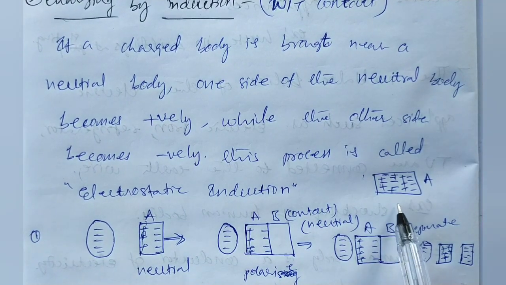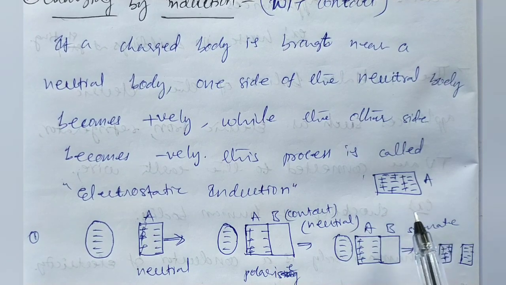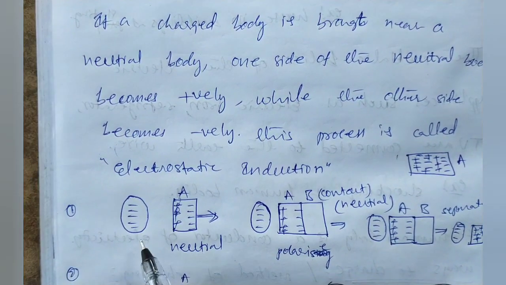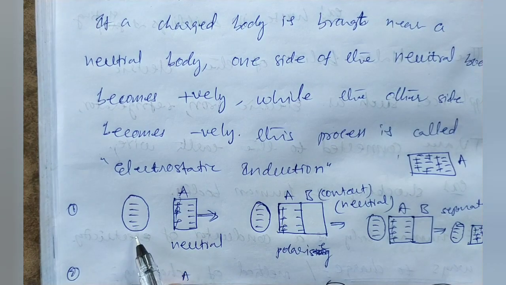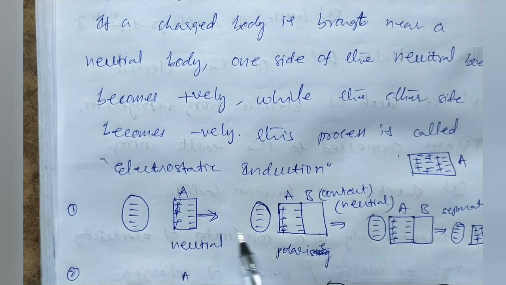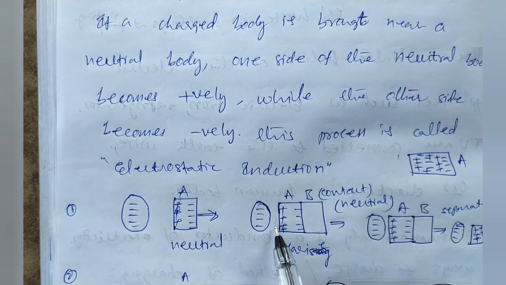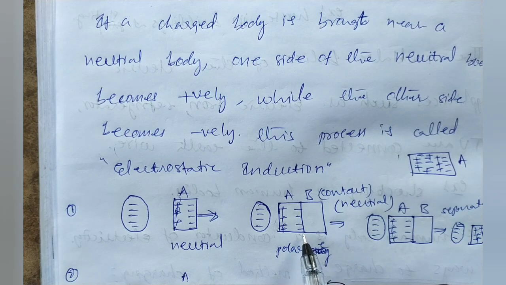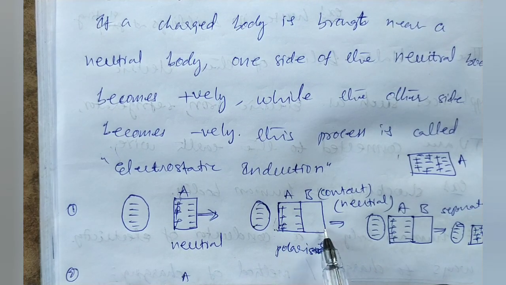Similarly, initially the metal rod is neutral, the number of positive charge carriers equal to the number of negative charge carriers, without any metal or substance nearby. When we keep a negatively charged conductor near it, positive charge carriers are attracted by the negative, so one side of the metal body has positive charge carriers and the other side has negative charge carriers.